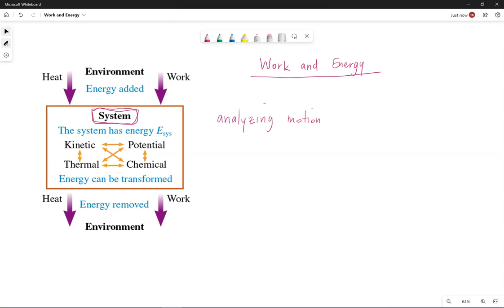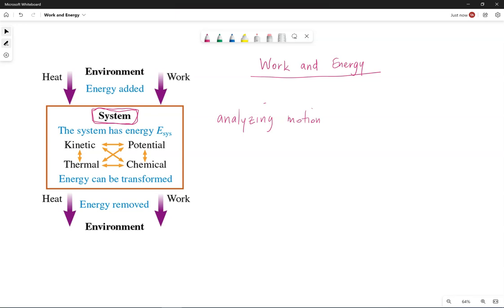In the last section, we were analyzing motion as well, where we were talking about the net force acting on an object or system of objects and causing those objects to accelerate. Work and energy is another way of looking at motion. It is a little bit different. It does relate forces to speeds and distances and heights, so kind of skipping out the acceleration step.